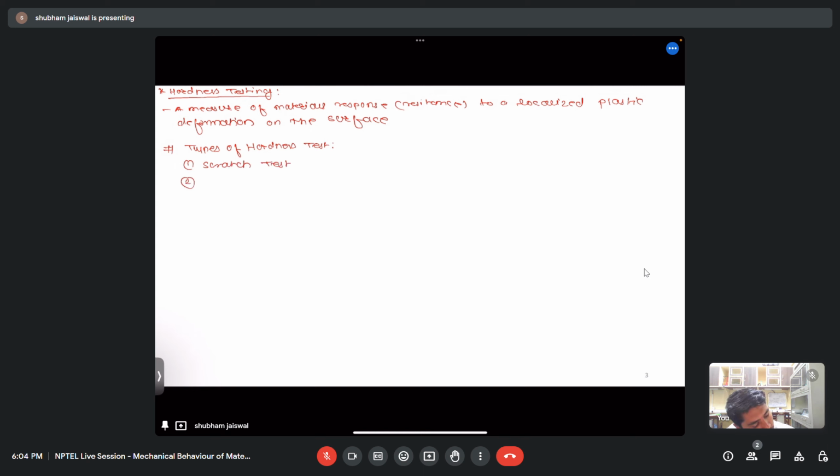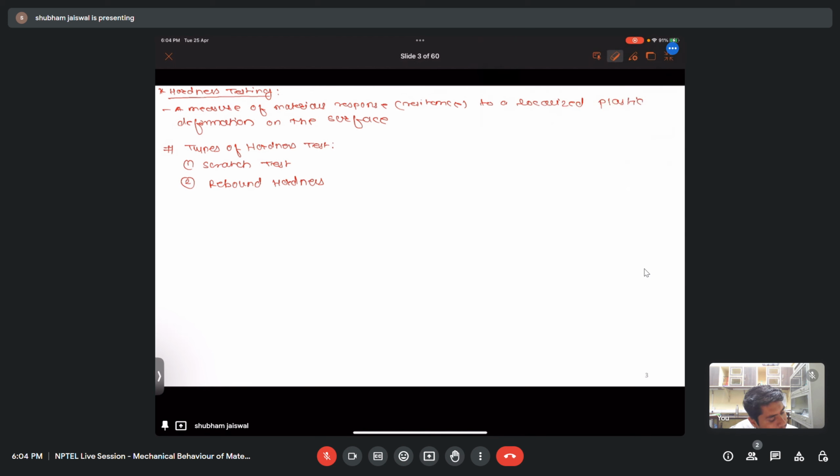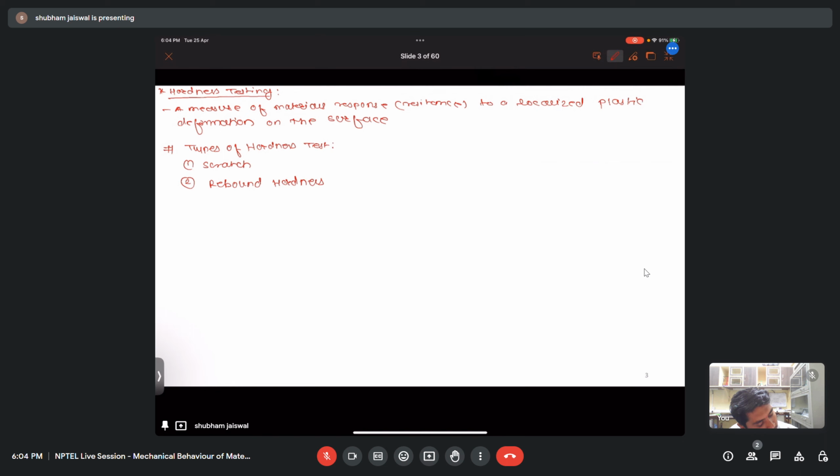Second we have rebound hardness. And third one we have indentation hardness.